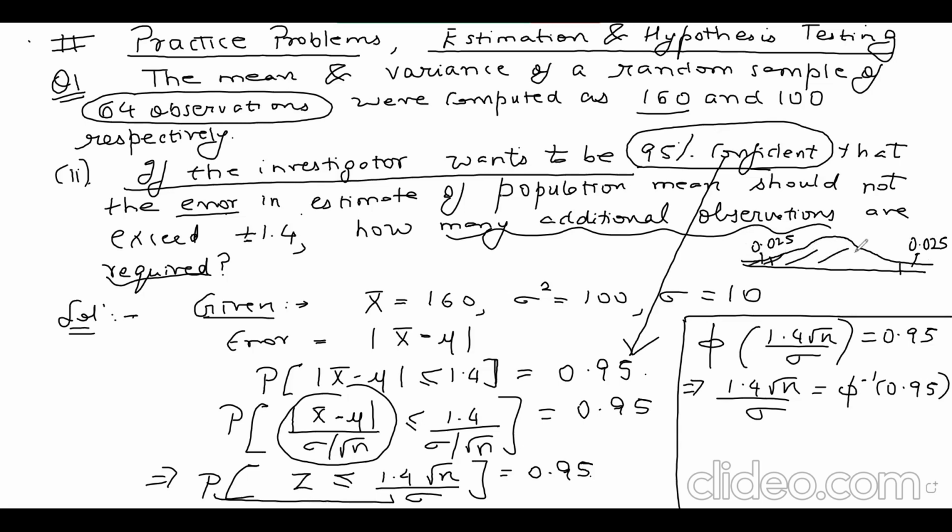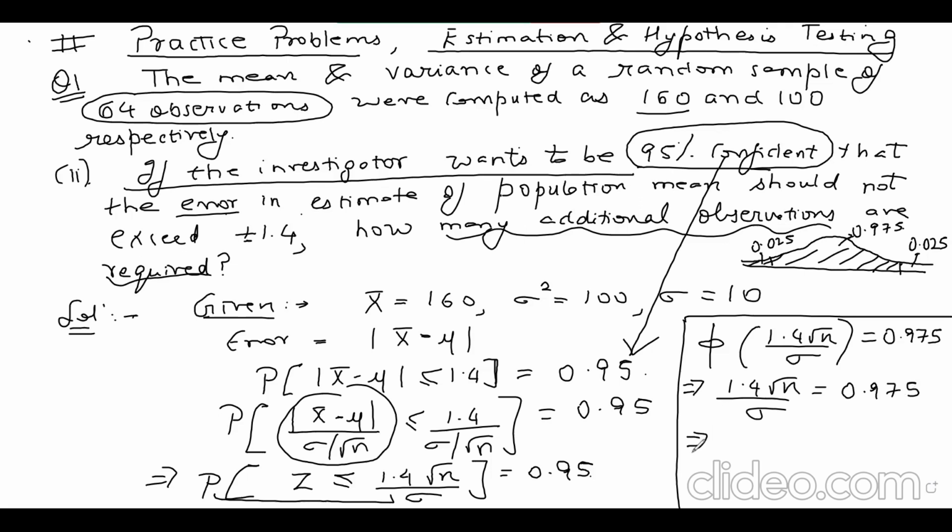That means this whole area will be 0.975. So for the kind of tables we are using, let's use 0.975, since it's a two-tailed test.